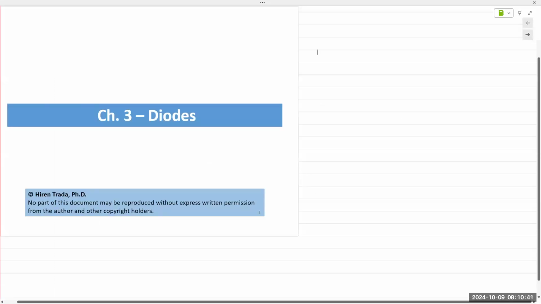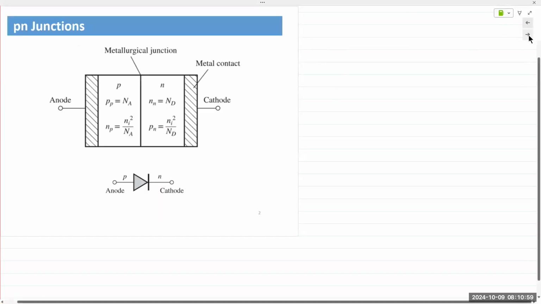In chapters 1 and 2, in chapter 2 especially, we saw a little bit of the electrostatics of a p-type semiconductor and an n-type semiconductor. Now we will see what happens when we bring both of them together.